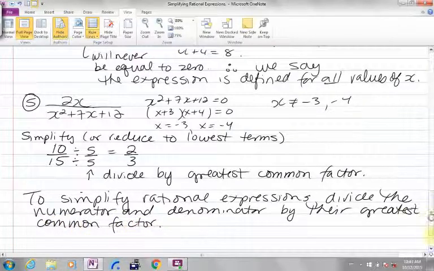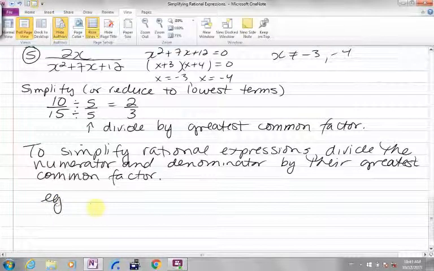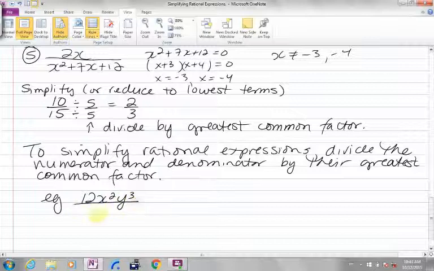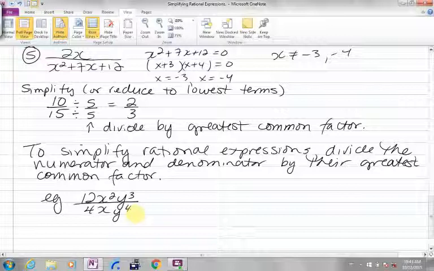All right, so let's start with an easy example. We'll do a monomial numerator and denominator. So 12x squared y cubed over 4x y to the 4th.